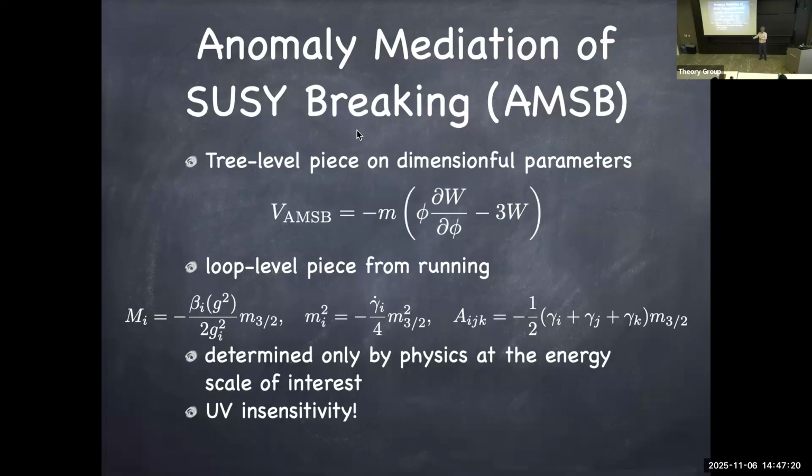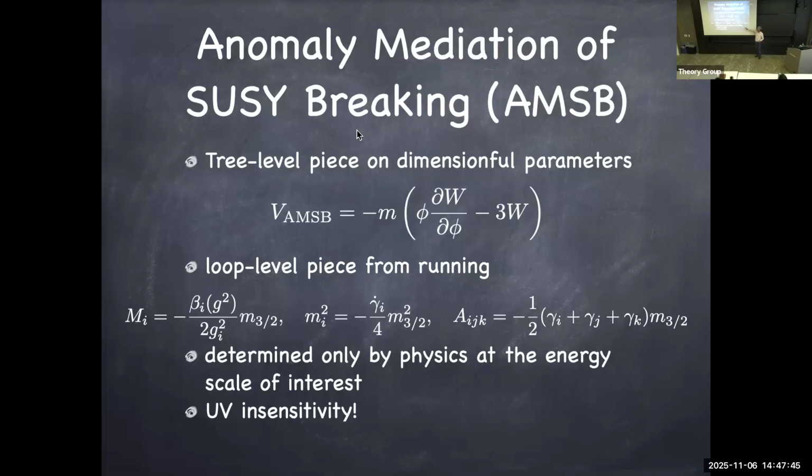And how much conformal invariance is broken is described by the size of the beta function. So no wonder the gaugino mass is produced proportional to the beta function. And also for the matter fields, how much conformal invariance is broken is given by the anomalous dimension factors. So you get SUSY breaking proportional to anomalous dimension factors. That's the prediction in this scheme.